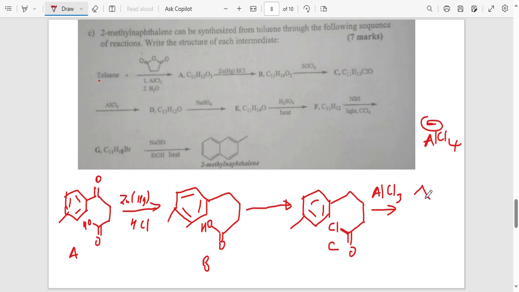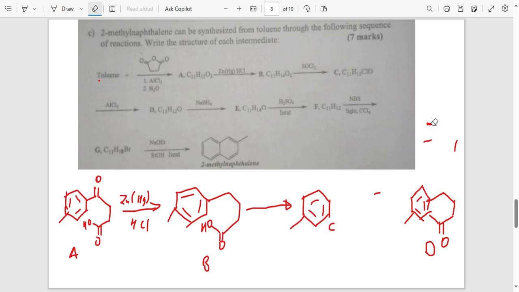So we form two rings which have been merged. This is the structure that we form, and this is our structure D. Are we moving together so far?